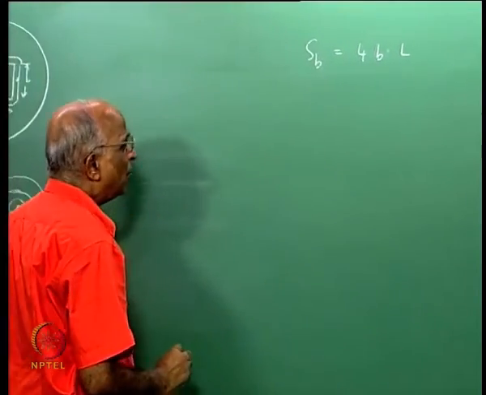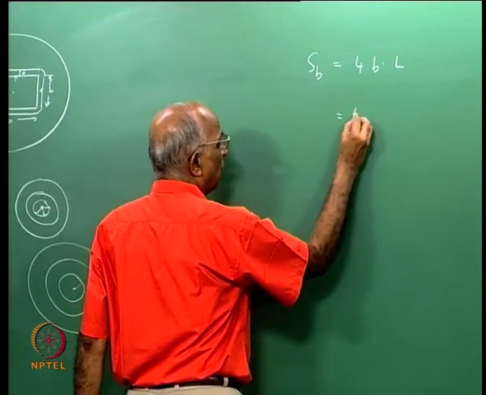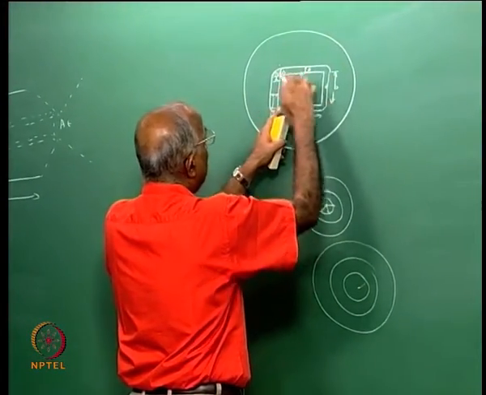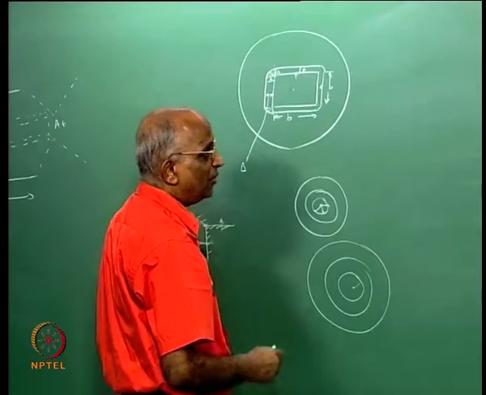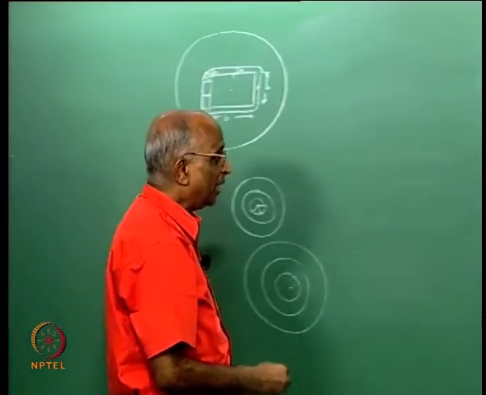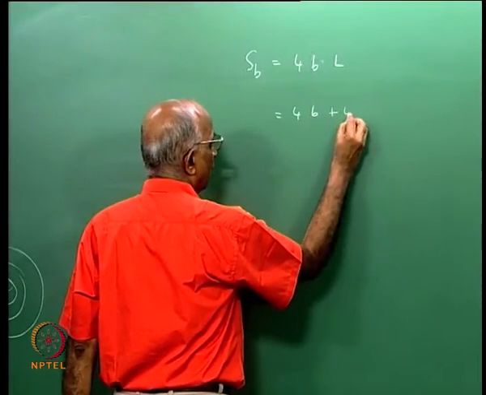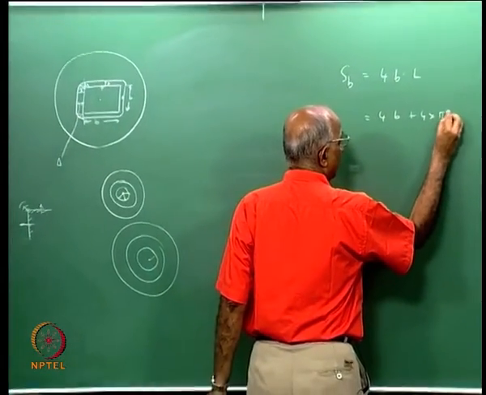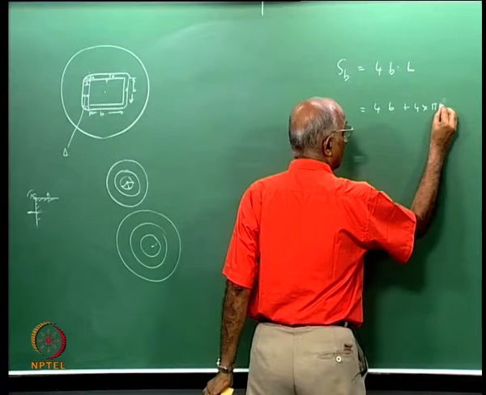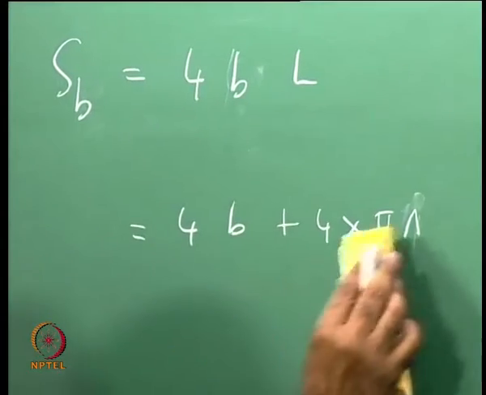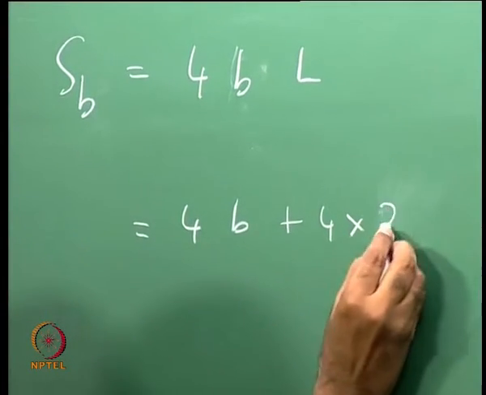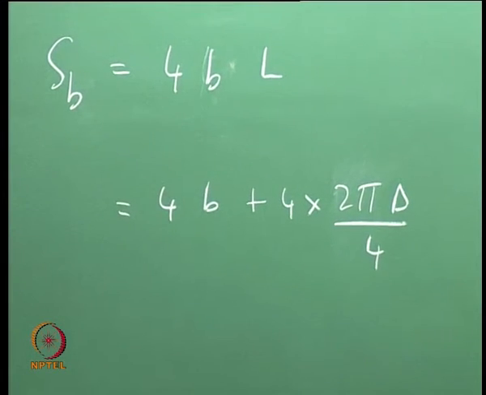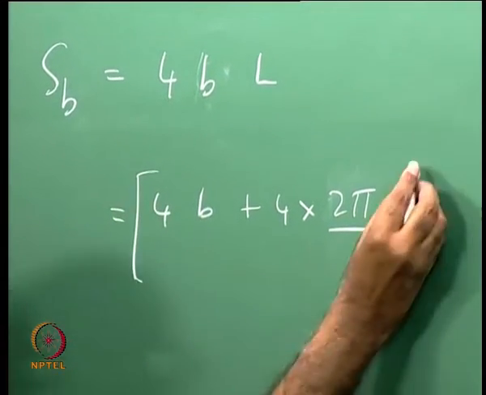How does each B evolve? Each B now becomes 4. B is as it is, this remains B, this remains B, this remains B, this remains B. What is the additional value I get now? I get 4 quadrants, each quadrant has a radius delta, so the perimeter is 2 pi r, which is 2 pi delta, divided by 4 for each quadrant, into the length.